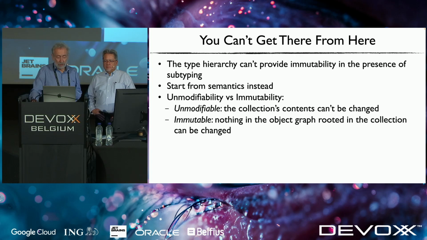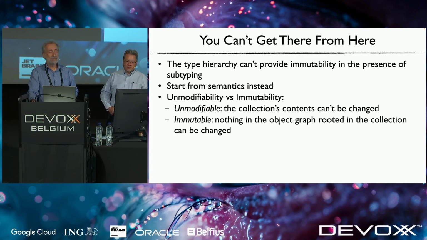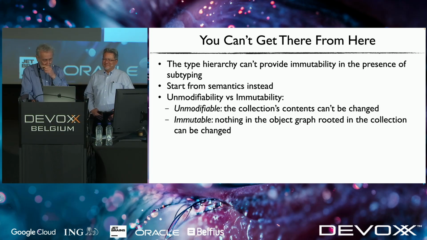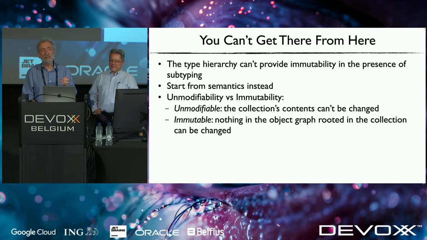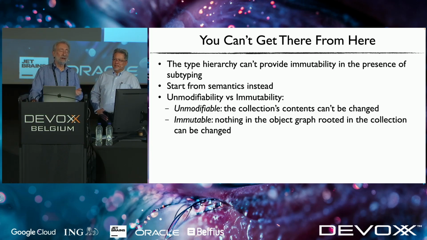So I just want to say a quick word about unmodifiability versus immutability. I've given entire talks on this, but I won't here. I will try to describe it very briefly. Almost all the time, we're talking about unmodifiability in the Java collections framework, and there's a reason for this. Unmodifiability in the case of a list means that the elements of the list can't be changed.